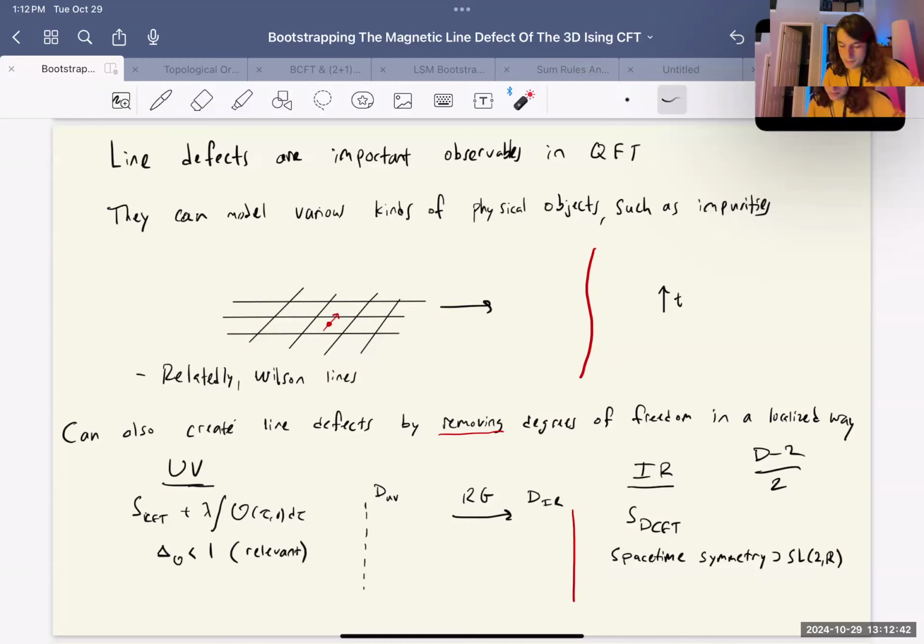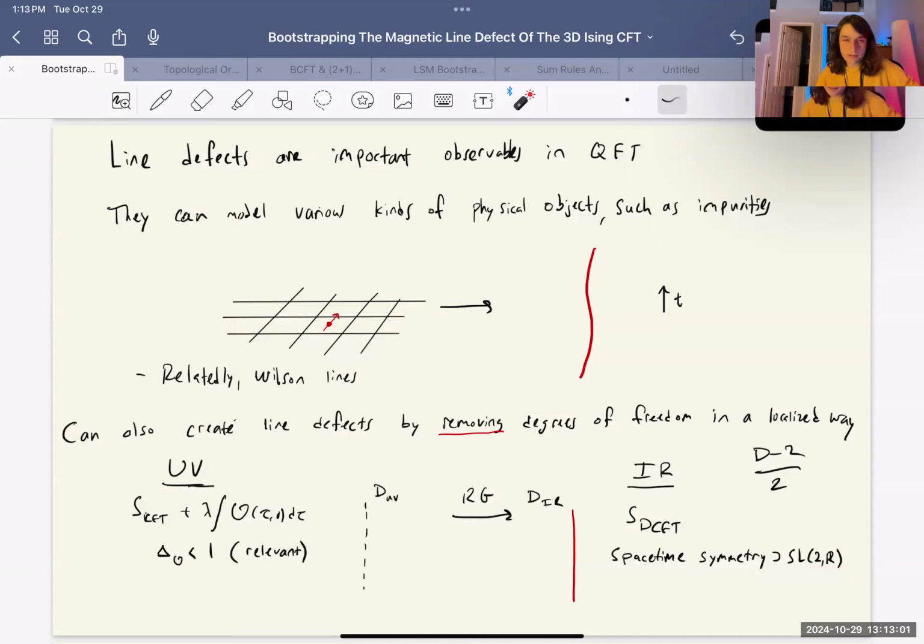So for a line defect, what I'm really going to be assuming is that the symmetry left over from the bulk symmetry is just the one-dimensional conformal subgroup, SL(2,R).